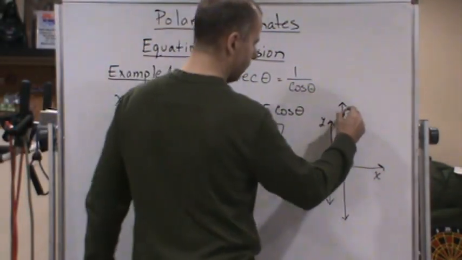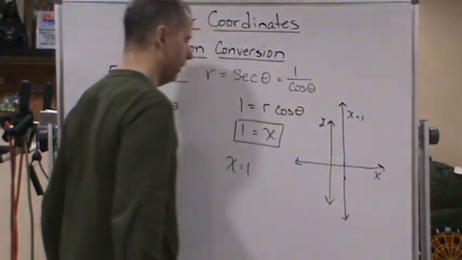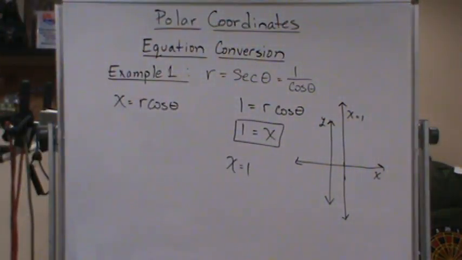So this would be x equals 1. All right, not bad. And again, we would want to have concentric circles since it's supposed to be, we're converting into rectangular form, so I guess it's okay.